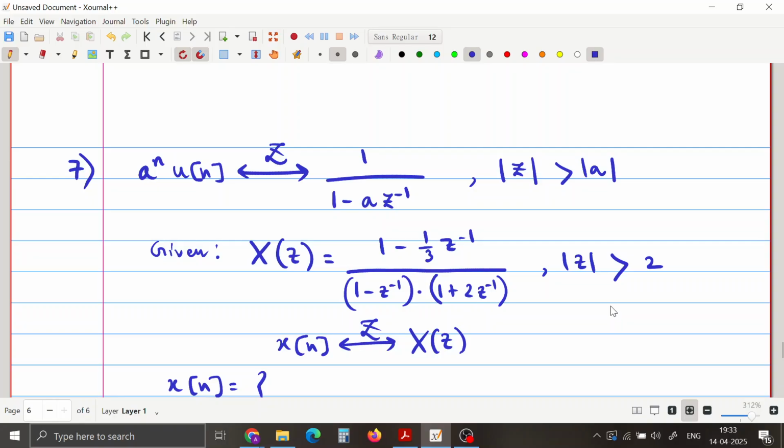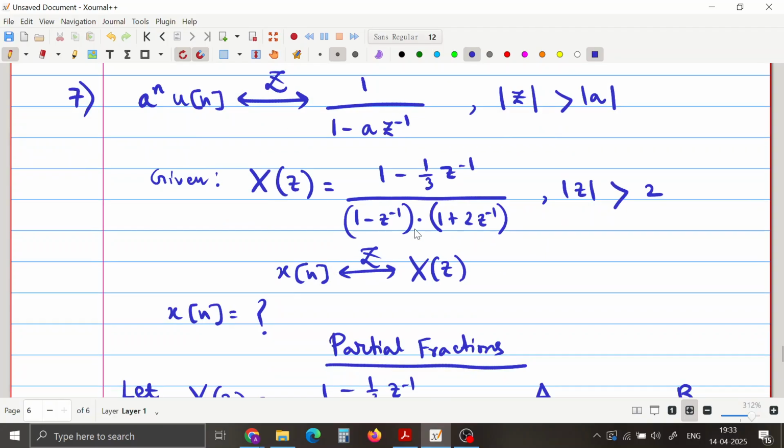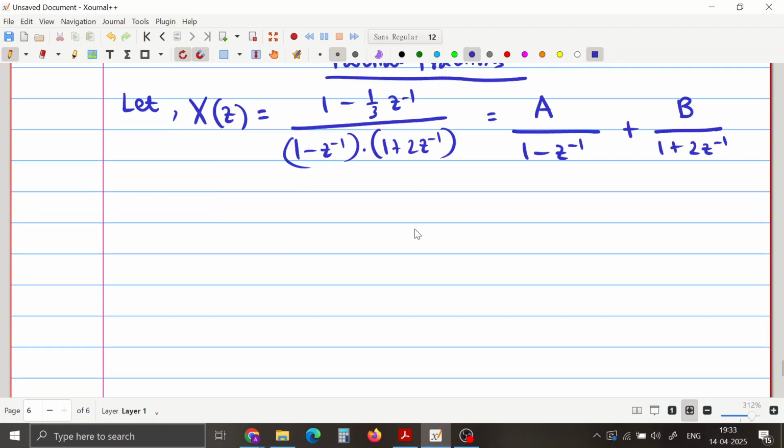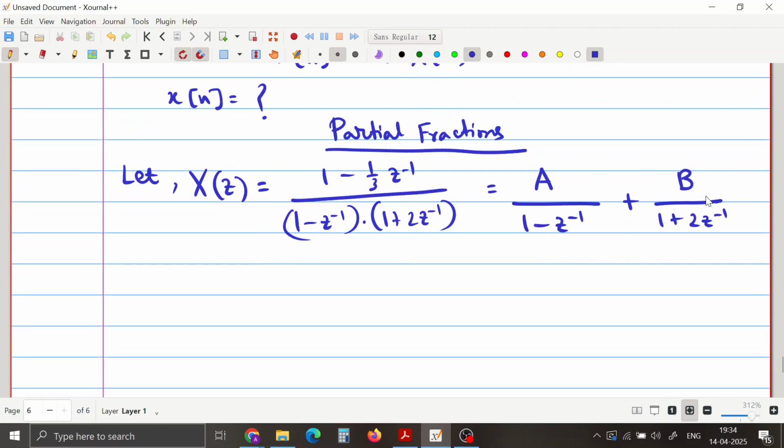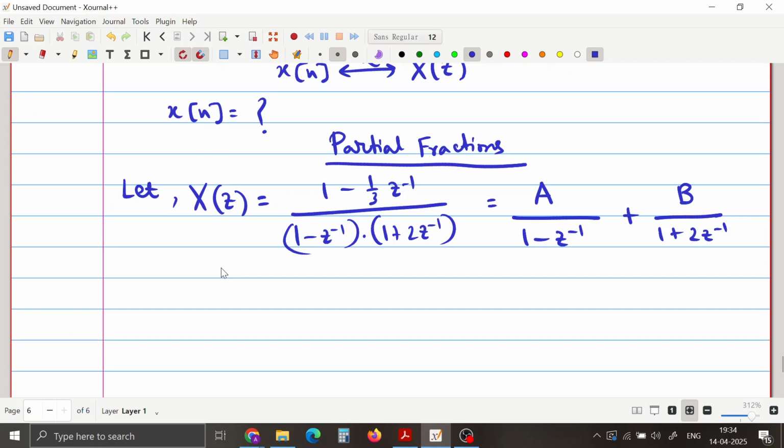Because I know that 1 by 1 minus a into z inverse has an inverse z transform given by a raised to the power n into u of n. So if I am able to express this in this A and B form, then I can straight away use that given result and property to go back to x of n directly. That is why I am using partial fractions here.